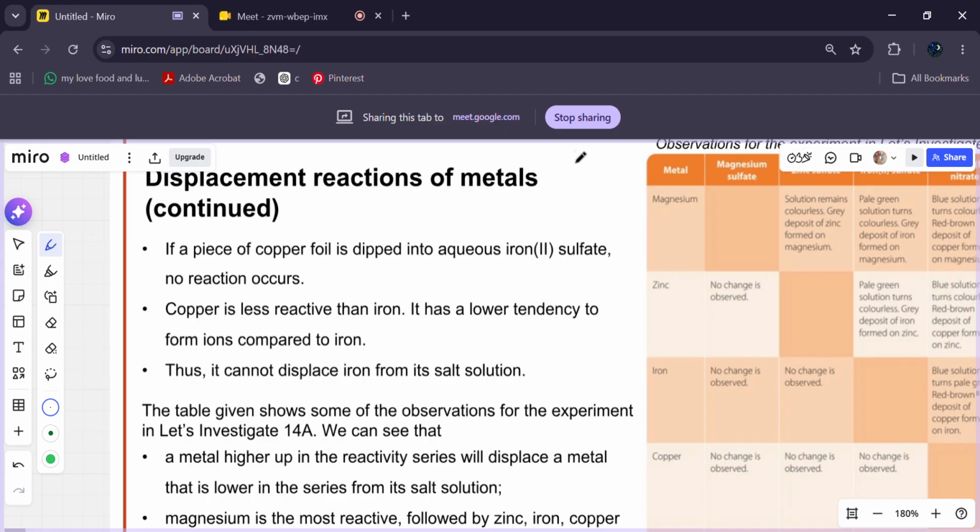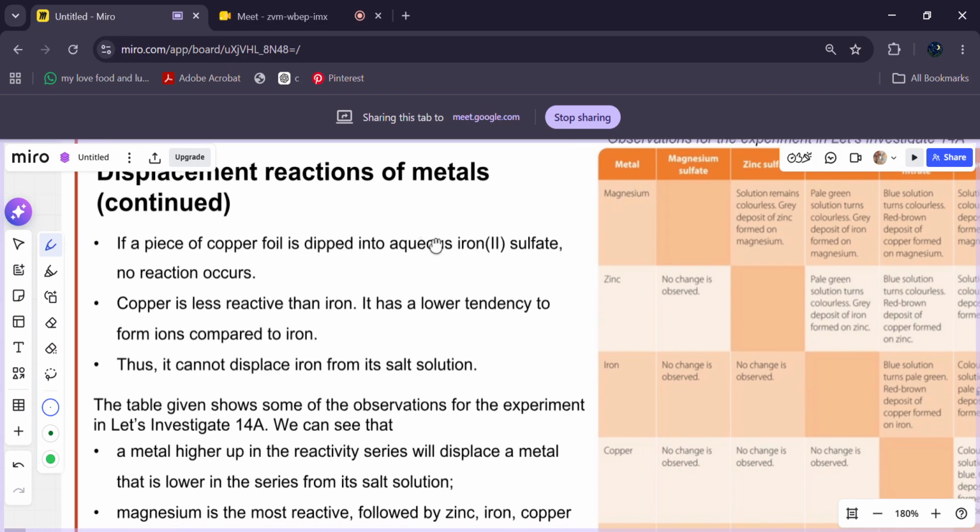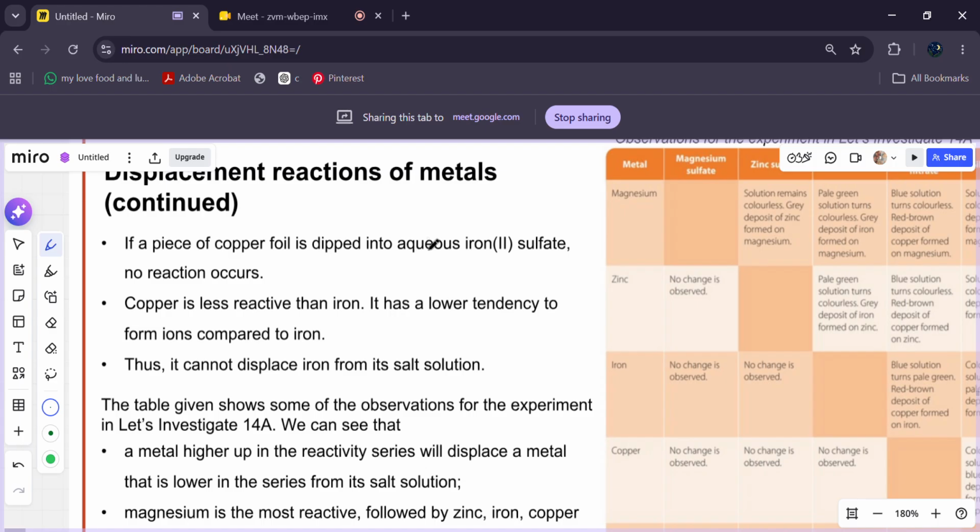Displacement reactions of metals. If a piece of copper foil is dipped into aqueous iron(II) sulfate, no reaction occurs. Copper is less reactive than iron, so it has a lower tendency to form ions compared to iron. Thus, it cannot displace iron from its salt solution.